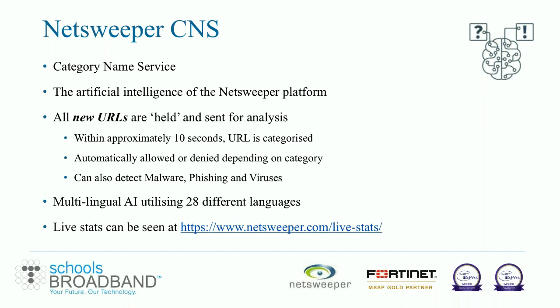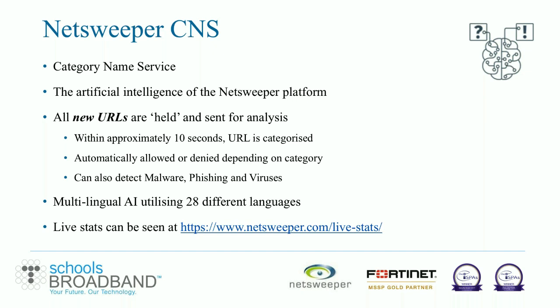And what happens is every URL that is currently categorized is on all the NetSweeper boxes across the world, and you have the database there. What happens if a new URL is found? Well, if someone in your school goes to a new URL, it goes into a holding pen, and at that point it gets sent up to NetSweeper's artificial intelligence.